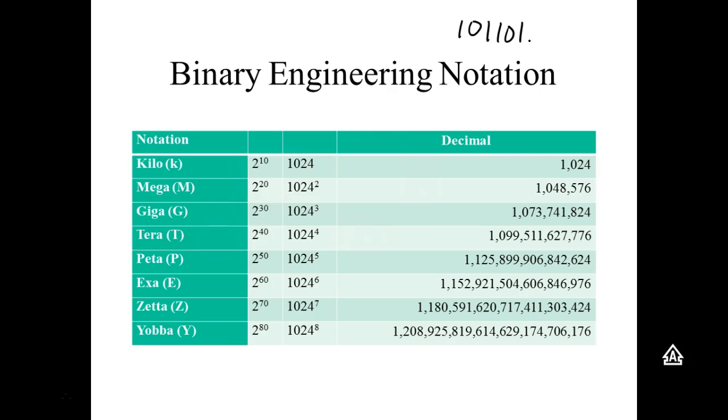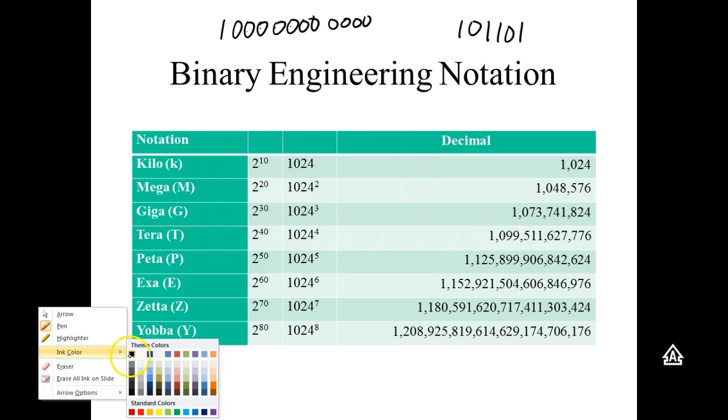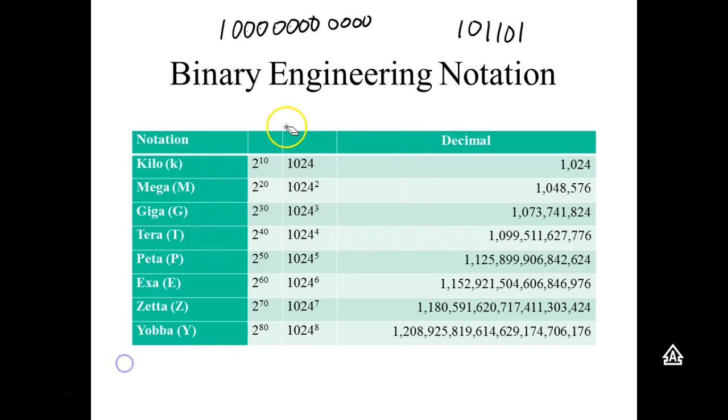So if I come up here and write, I might have got 1, 2, 3, 4, 5, 6, 7, 8, 9. Oops, got one too many. Let's do it.